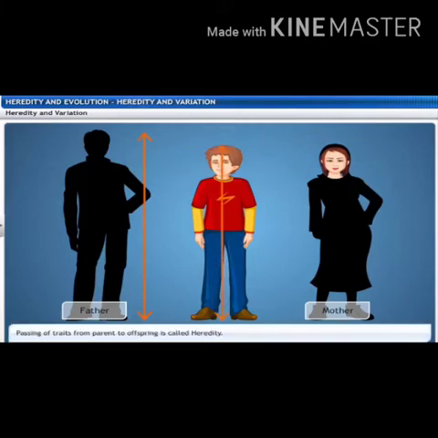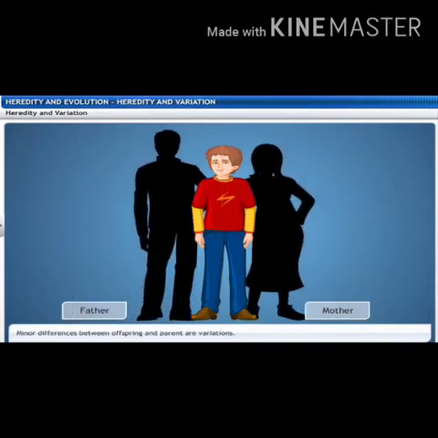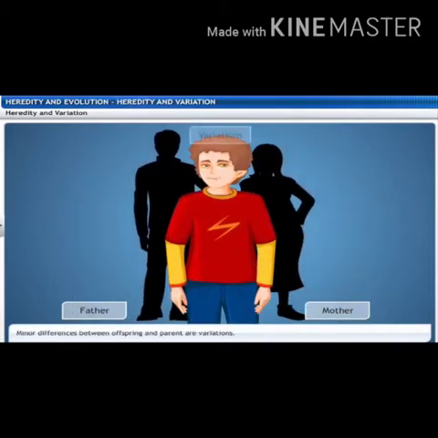This process of passing traits from parent to offspring is called heredity. Offspring are never an exact copy of their parents, as you have seen in this case. There may be some differences. Curly hair and blue eyes of the boy are the differences that are called variations.